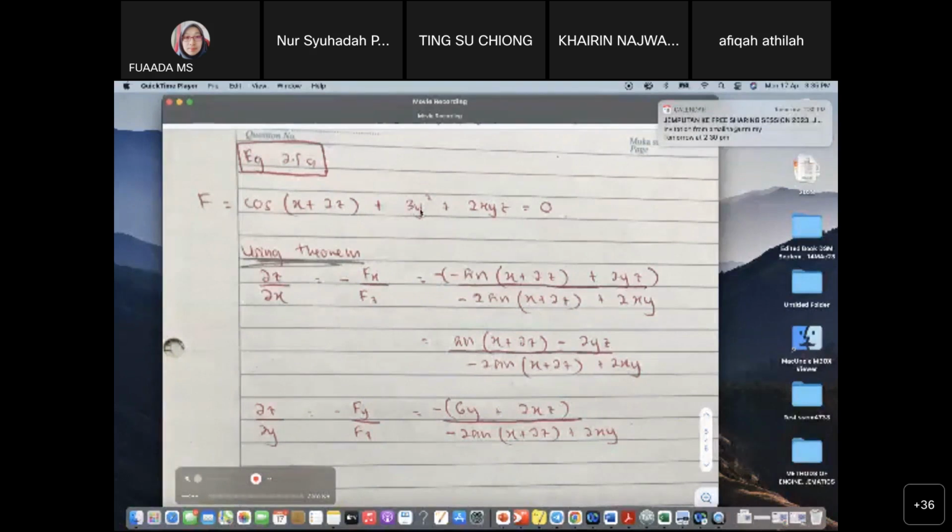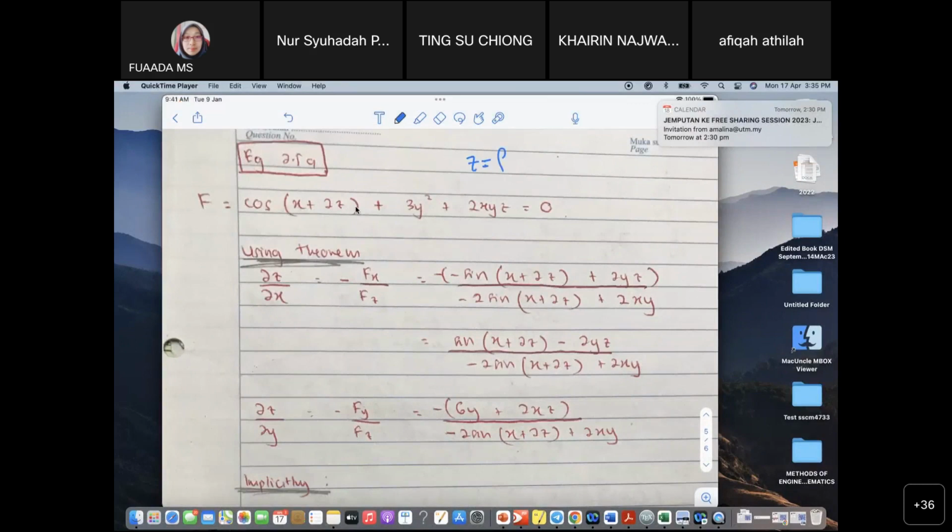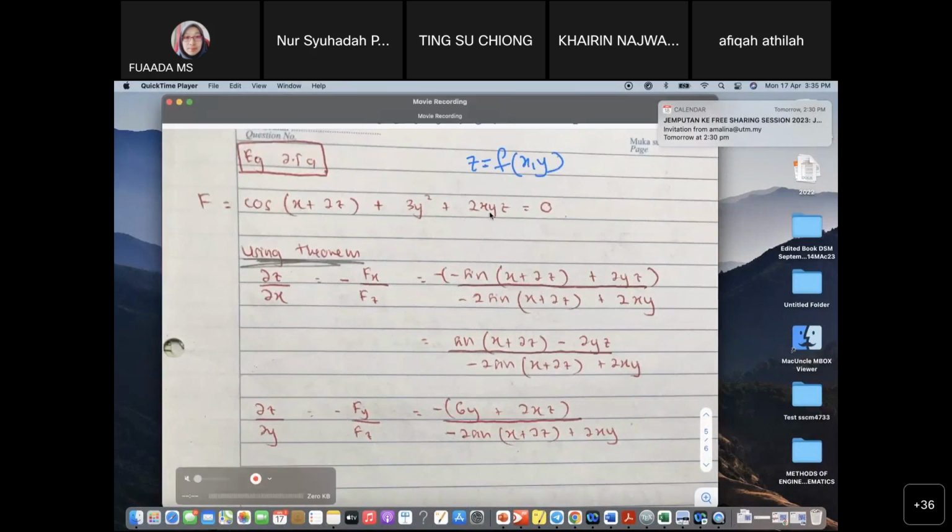This is for two variable function. Okay. You ada x and you ada y, you ada z. So for two variable function, this one we define z is the function of xy. So the implicit form is given by this one. So I ask the student to find the partial derivative z, z terhadap x and z terhadap y.